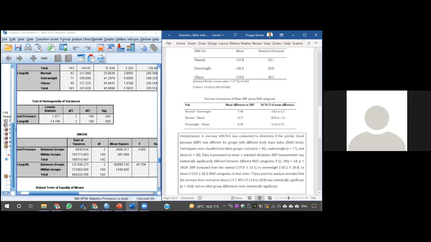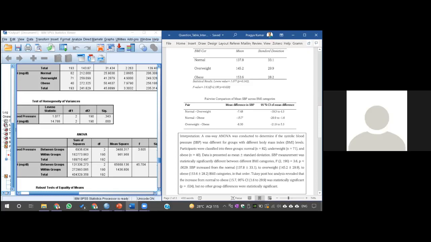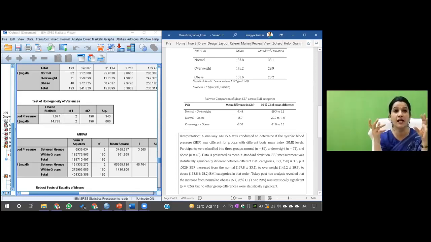So for the sign, I don't need to give the 6. No, it is not needed because it doesn't make sense also. The software is doing it because the software doesn't know which is high and which is low. There may be some study in which your second value is lower, then the normal minus second value will be positive. Here the outcome, it depends on the outcome, positive outcome or negative outcome, right?